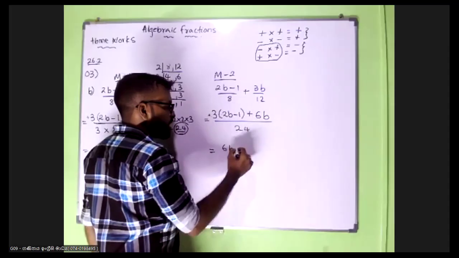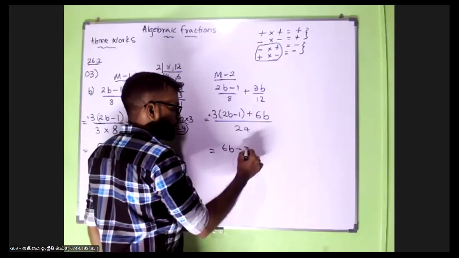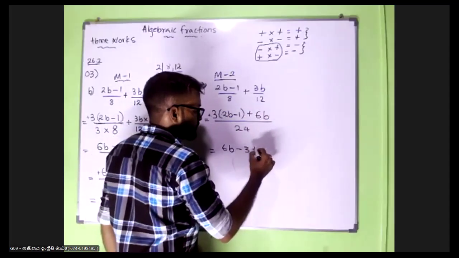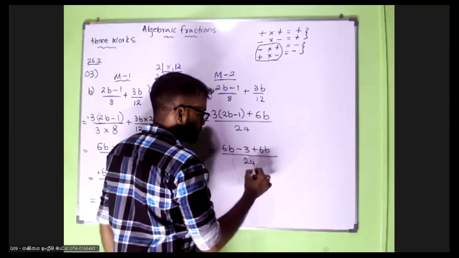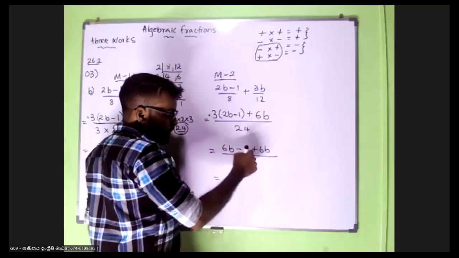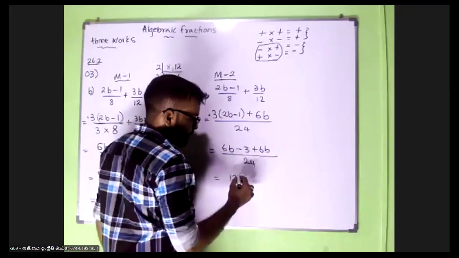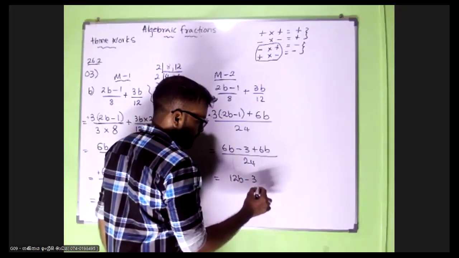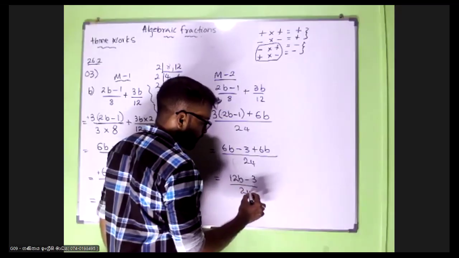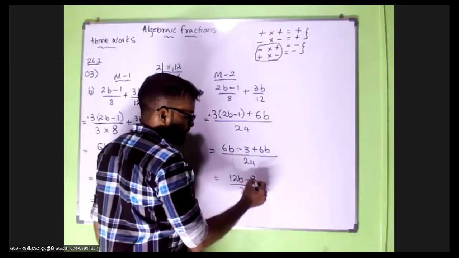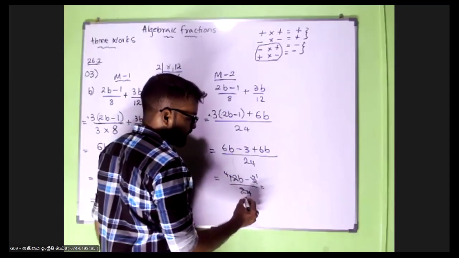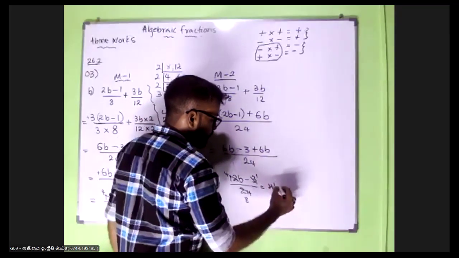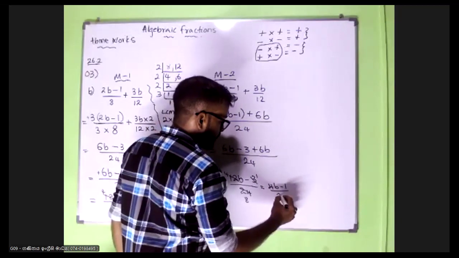Positive into negative, negative, 3 times 1, 3. Here, positive 6b, divided by 24. 6b plus 6b, 12b, minus 3 divided by 24. Simplify: 3 times 1, 3 times 4, 3 times 8. Your answer will be 4b minus 1 divided by 8.